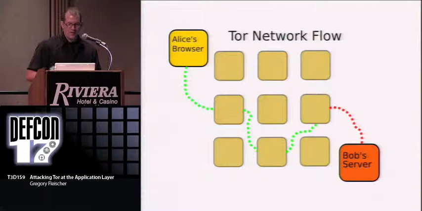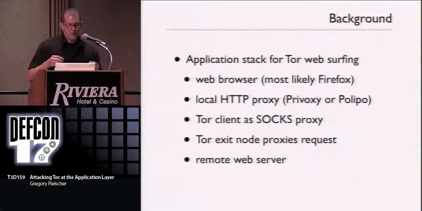So here's a very traditional view of what the Tor network looks like. You have Alice's browser, a set of 3 nodes that you're going to transit through, and getting to Bob's server. So what is the application stack as far as Tor web surfing? You have the web browser, which is probably Firefox. You have a local HTTP proxy.